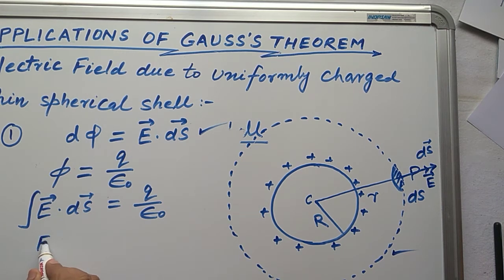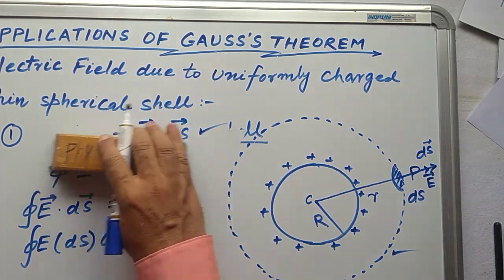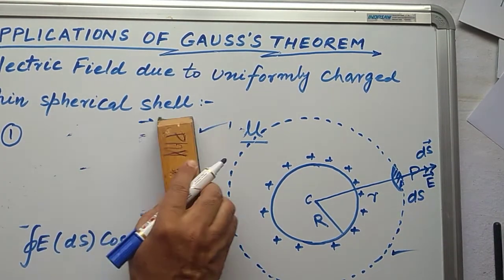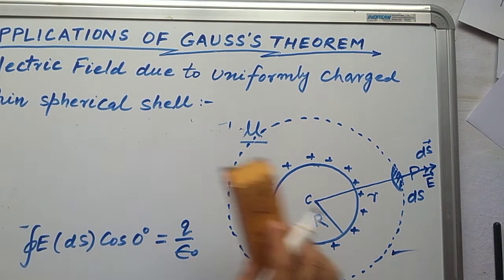So simply we can write E ds cos theta, meaning cos 0 degree, for the whole surface, equal to q by epsilon naught. Now, what is the value of cos 0? The value of cos 0 is 1. We have discussed this in a previous topic also.